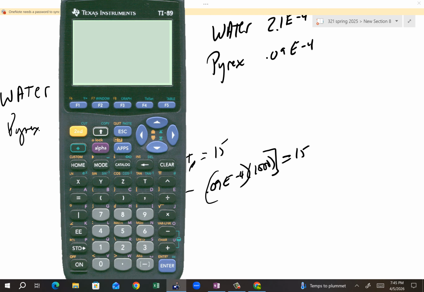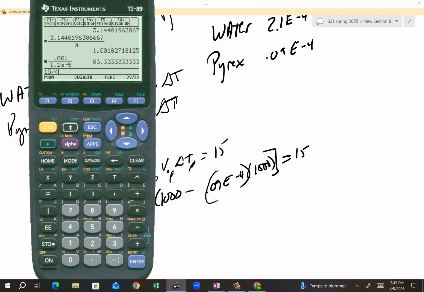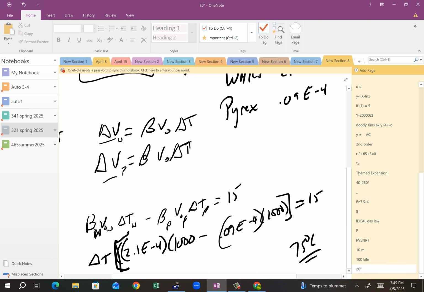There you go. Thank you. Take 15, divide by 2.1 E minus 4 times 1,000 minus 0.09 E minus 4 times 1,000. And you find it needs to be about 75 degrees C change in temperature. Okay? That is how much it would come out.